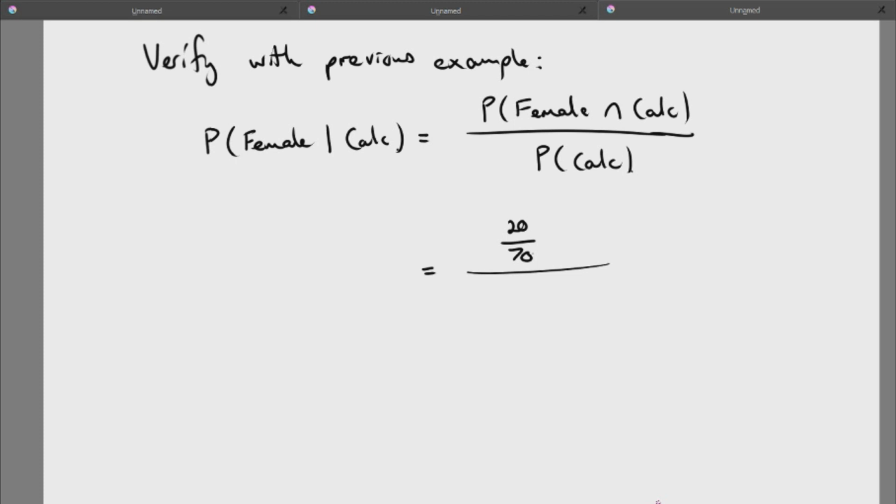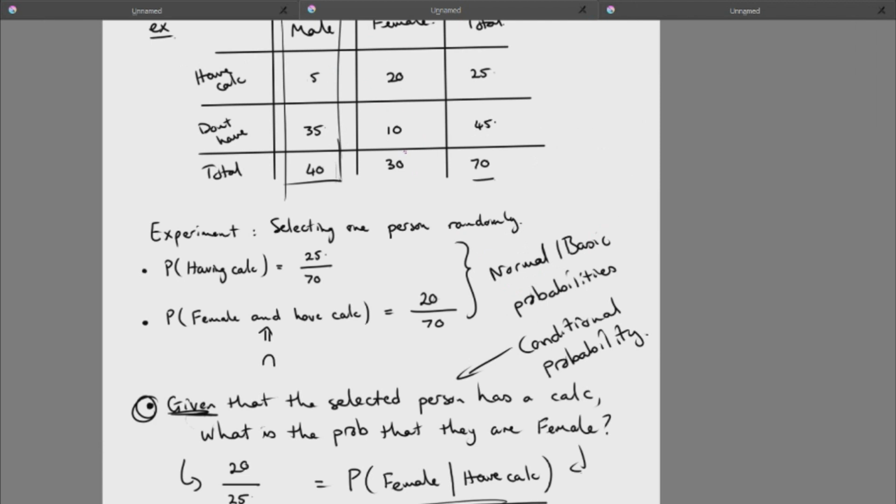Normal probability. The bottom one, I just do this as if there's nothing else. That's all I'm looking for right now. The probability, normal, of a person having a calculator. Well, that's out of 70 because it's a normal probability. Nothing's given in this little probability question. People having calculators will be 25.